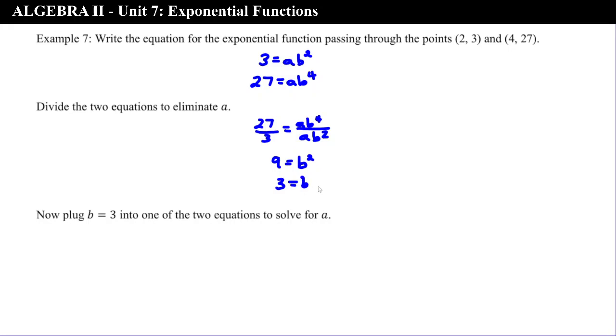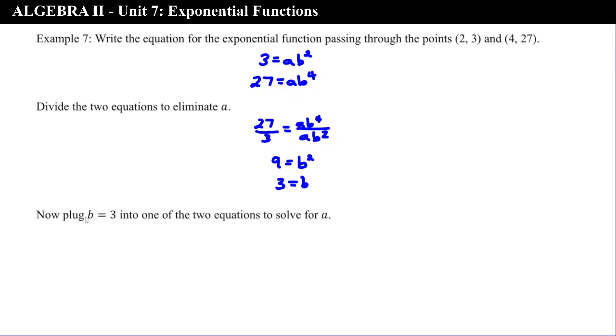Now, you may be asking, well, what about plus or minus on this, because we took the square root of each side? In this case, we're not going to worry about the plus or minus, and there are reasons for that, but I'm not going to get into them here. So for now, square root of 9, we're just going to say 3.